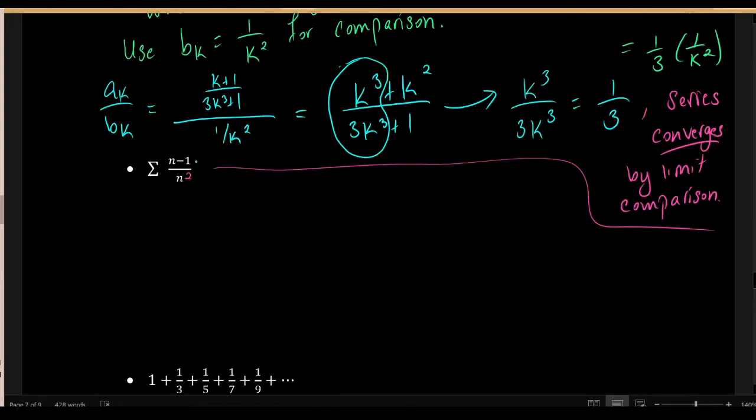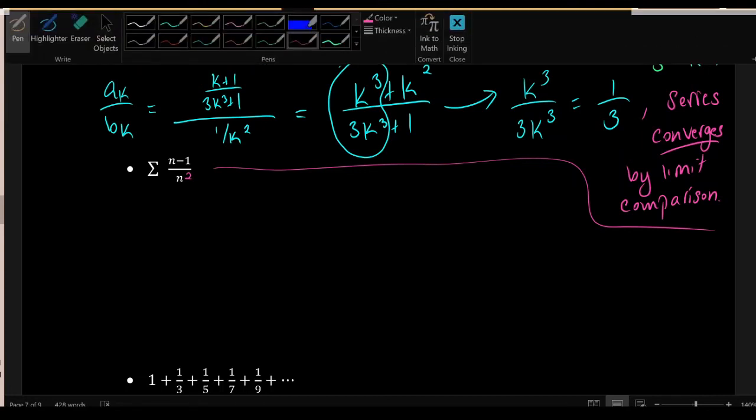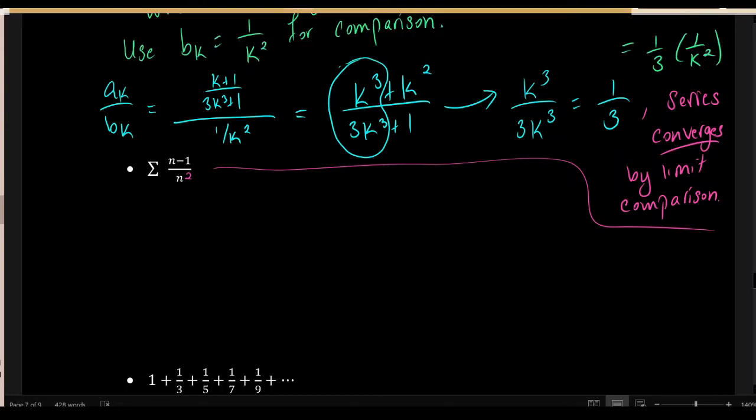Now let's consider the following second example, where the terms in the sequence that give us our series have the formula n minus 1 divided by n squared. Now, do you have an idea of what series you might want to use for comparison with this one? Although the harmonic series 1 over n could not be used for a direct comparison because the inequality went the wrong way, that series can be used for limit comparison.